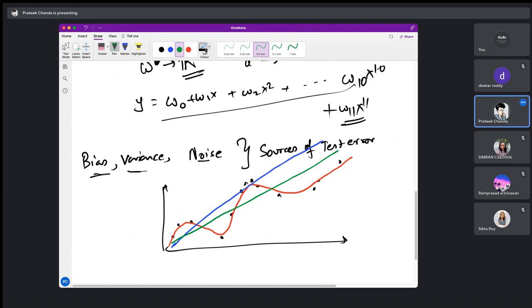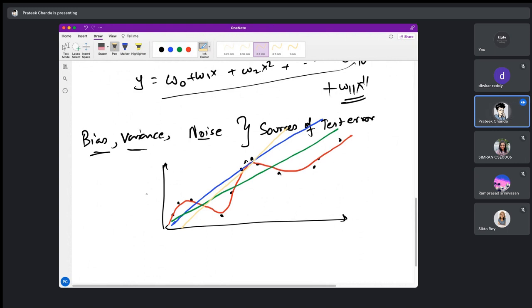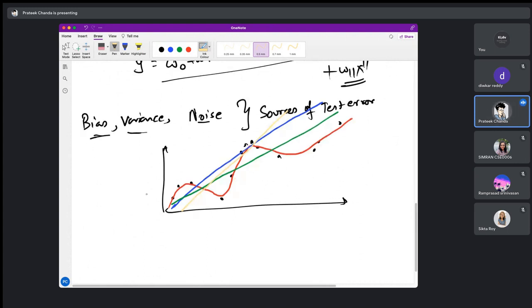I'm not including all of them, but just to show there are multiple possibilities. Which function do you want to get, which is the optimal predictor?